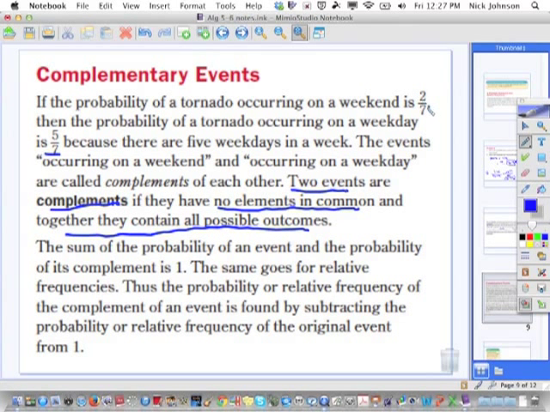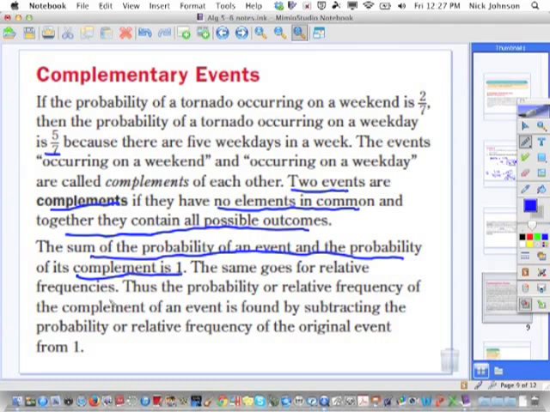So 2/7 on the weekend, 5/7 on the weekdays, fills up the whole week. Okay? The sum of the probability of an event and the probability of its complement is 1. So if you know one, you can easily find the other. Okay?